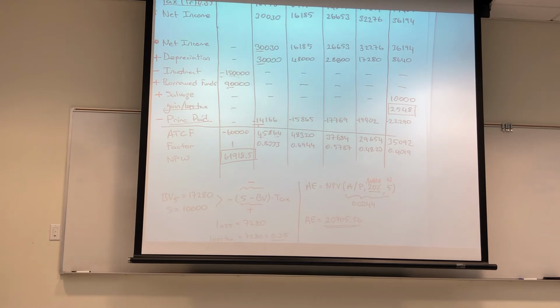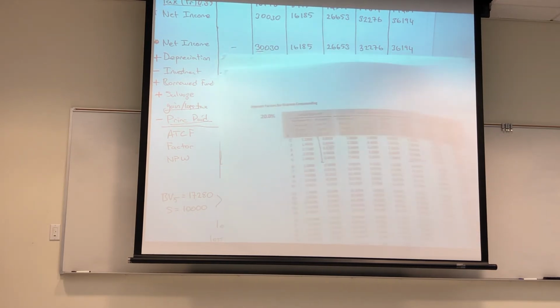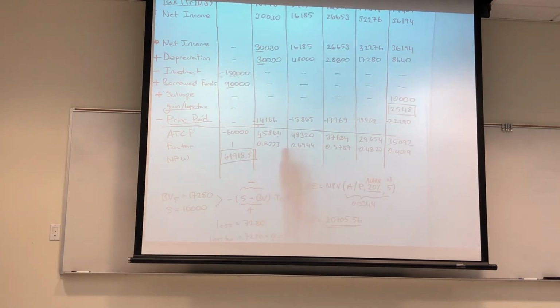That's why I was like, okay, what we could do is, since 20% gave us a positive NPV, we're going to make our factors smaller, right? Because if we make these numbers smaller, these positive values will decrease, and we will approach zero. So what we can do is use a bigger interest rate. Let's go 50%.